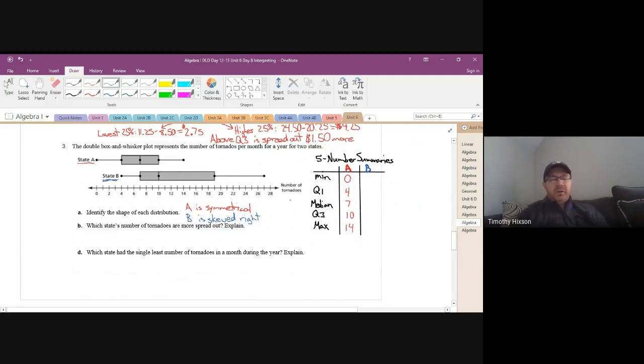Now just for this other information here, let's go ahead and identify the 5-number summary for B. The min is 4, Q1 is 7, the median is 10. So 4, 7, 10. The third quartile is 19, and the maximum is 27.